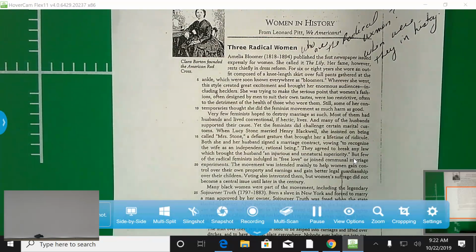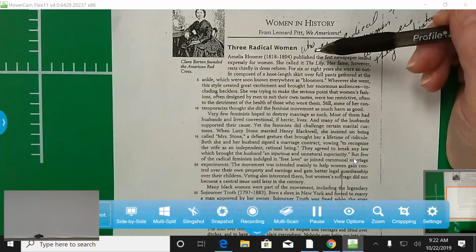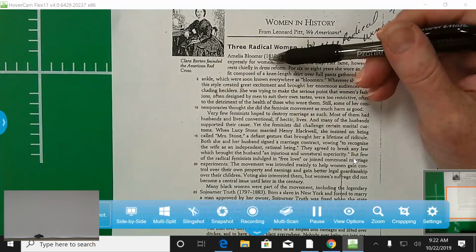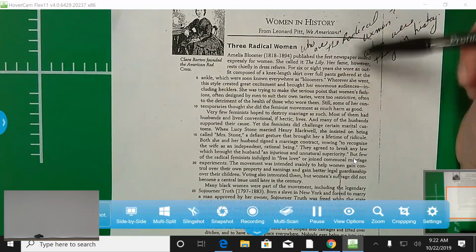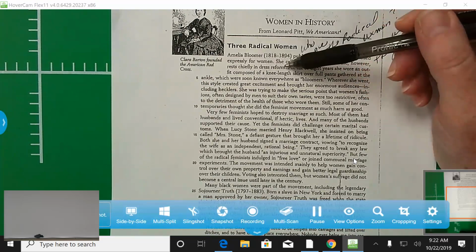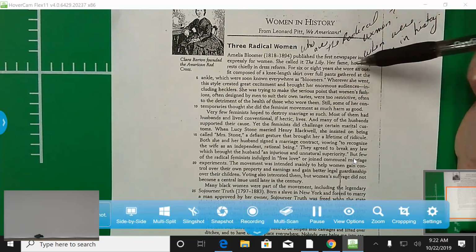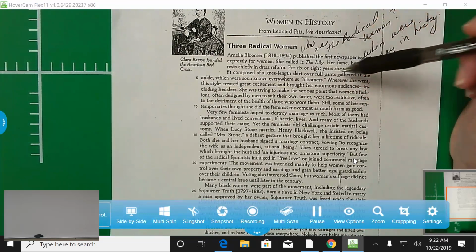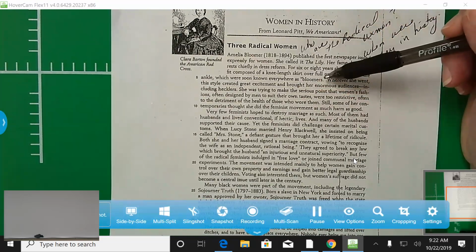So I'm going to read the paragraph, and then you're going to tell me who or what is the topic. Amelia Bloomer, 1818 to 1894, published the first newspaper issued expressly for women. She called it The Lily. Her fame, however, rests chiefly in dress reform. For 6 or 8 years, she wore an outfit composed of knee-length skirt over full pants gathered at the ankle, which were soon known everywhere as bloomers.